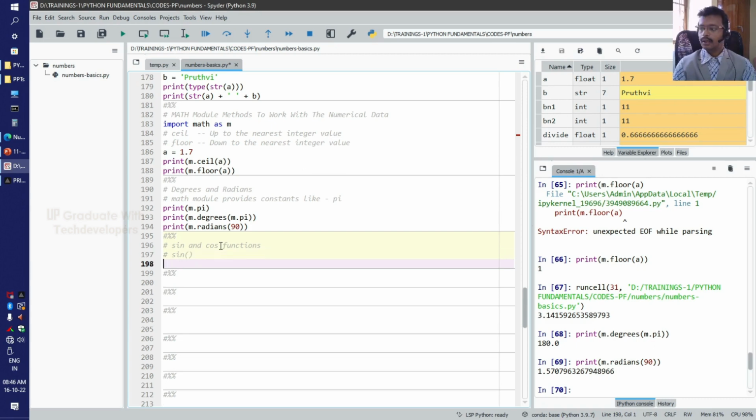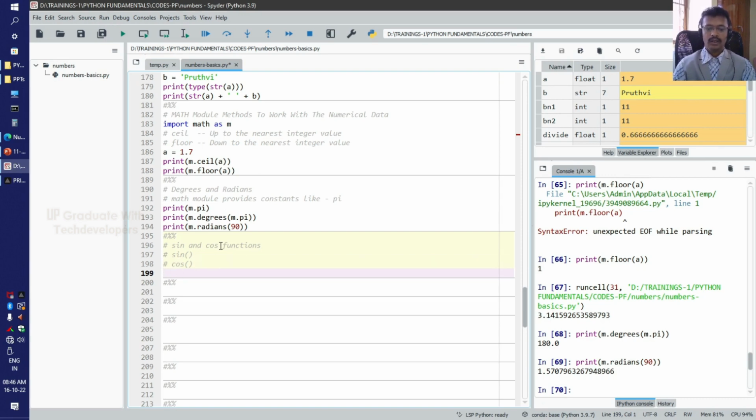And similarly, we can find the cos value of the angles in radians using the cos method. We can also use tan and other hyperbolic functions, like sinh, cosh, and tanh.